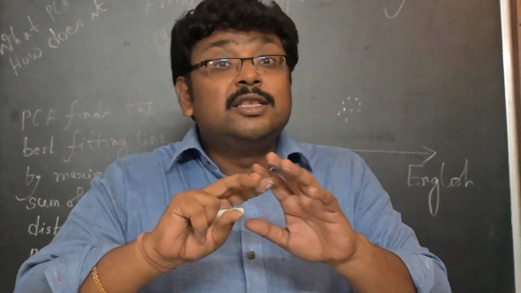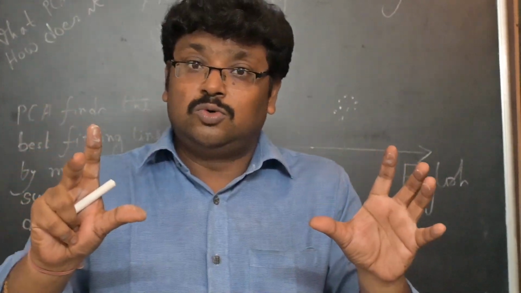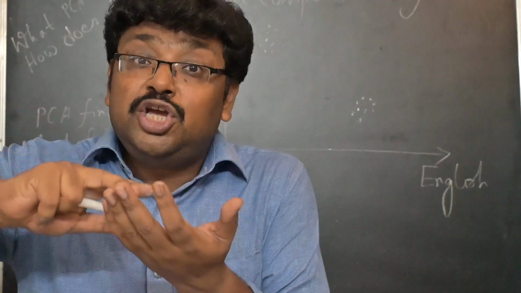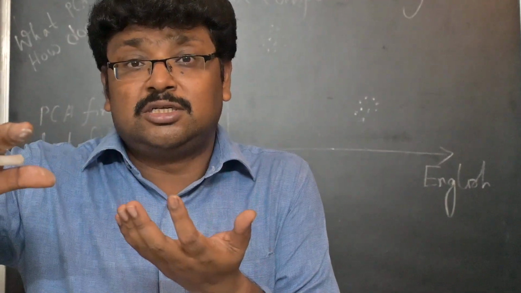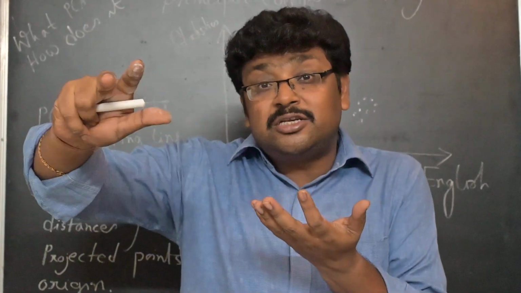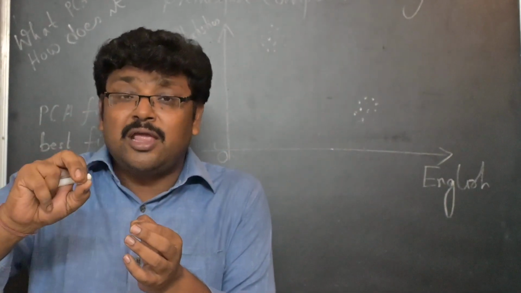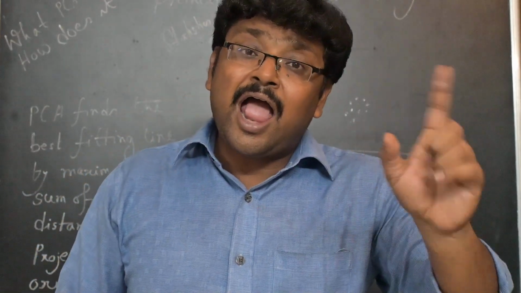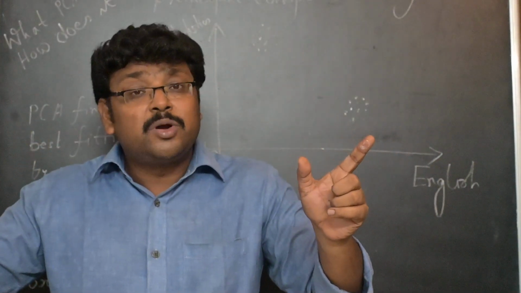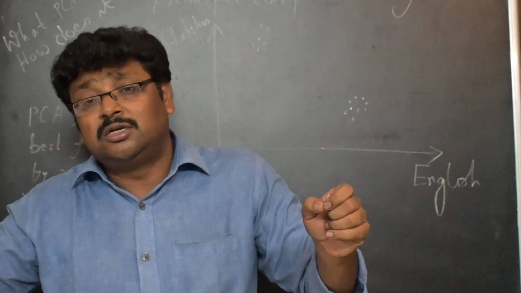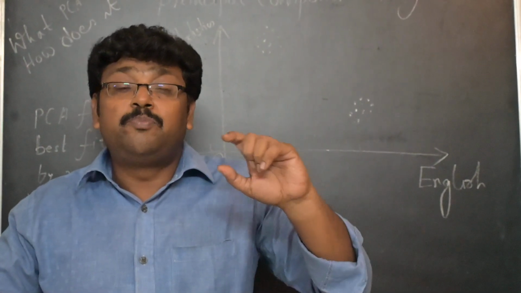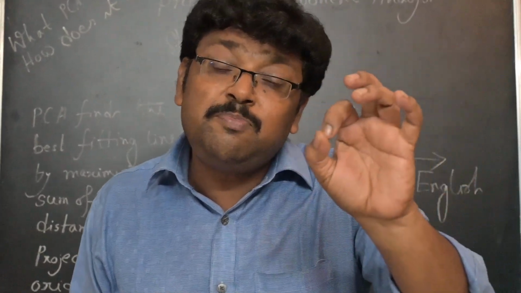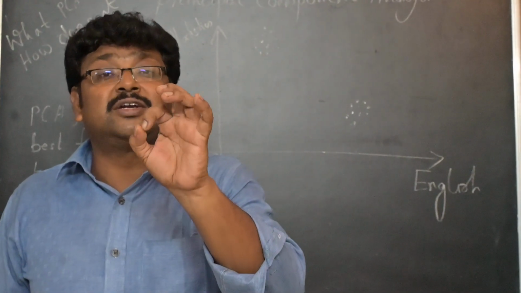Eigenvalue is nothing but a value that changes the matrix. If we multiply the matrix with a vector and you have the same vector, but there is a number you should multiply with this particular vector.